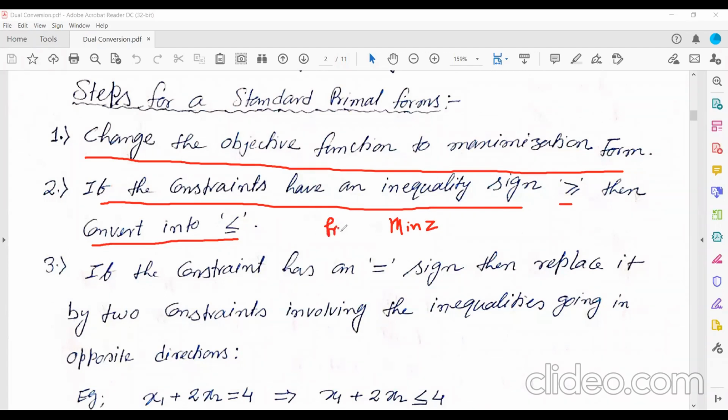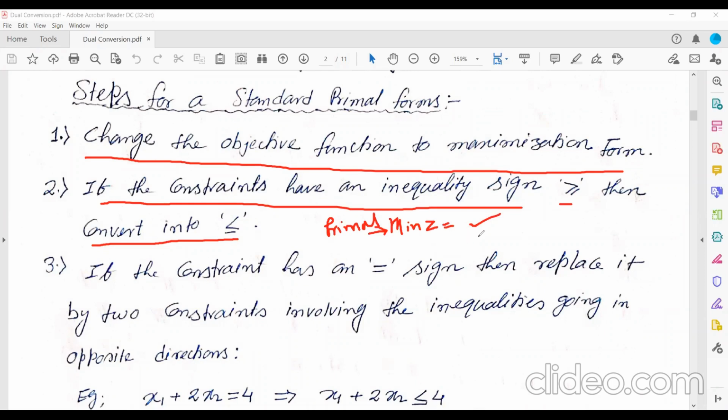Okay, try to understand, this is your primal, and this is your objective function, whatever objective function is given. Then you must have some constraints here.